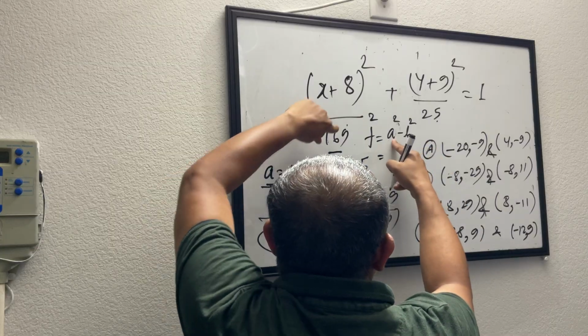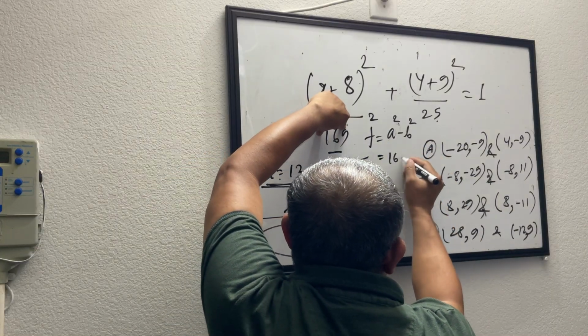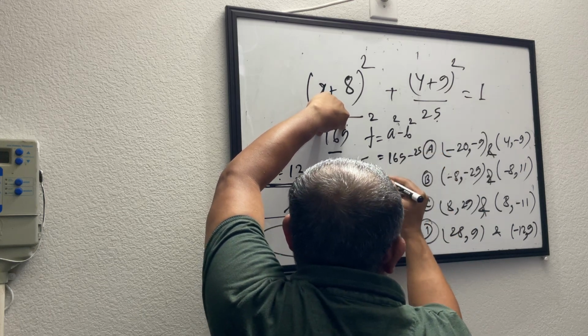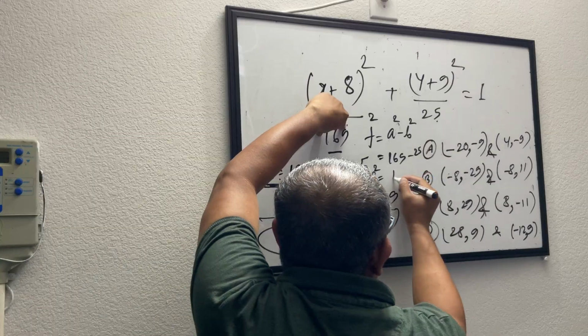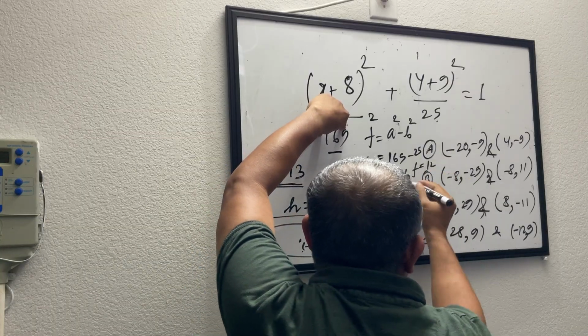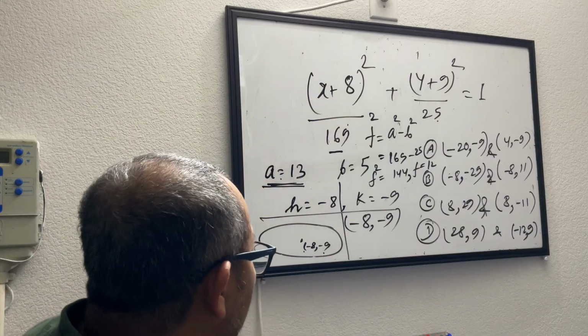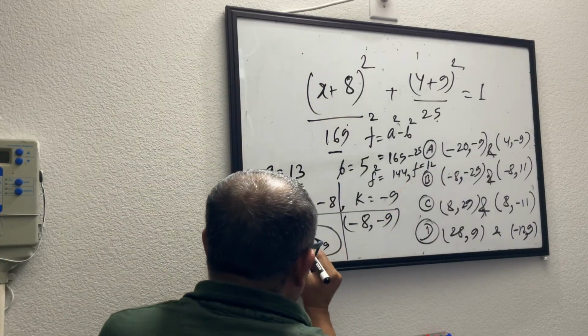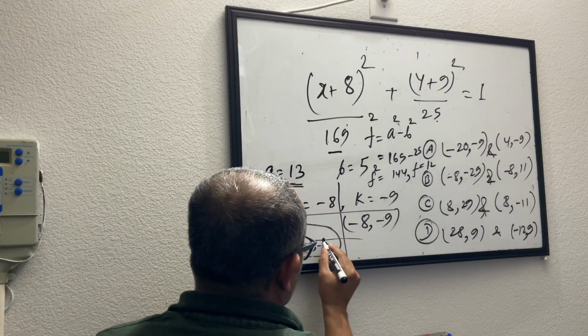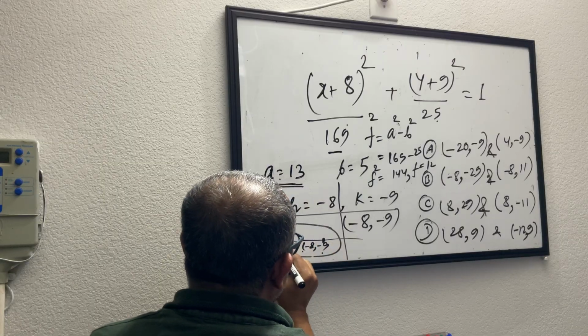So f square is 169 minus 25, which is 144. So the focal length is 12, meaning from the center I have to move by 12 points in each direction.